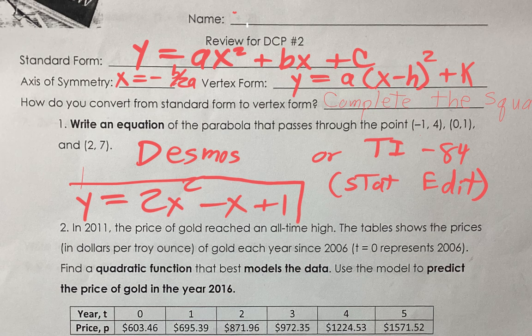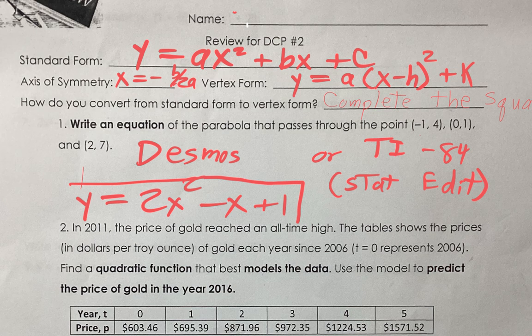All right. Number 2. In 2011, the price of gold reached an all-time high. The table shows the prices in dollars per troy ounce of gold each year since 2006. T equals 0 represents 2006. Find a quadratic function. So they're telling us to find a quadratic that best models the data. Use the model to predict the price of gold in the year 2016.